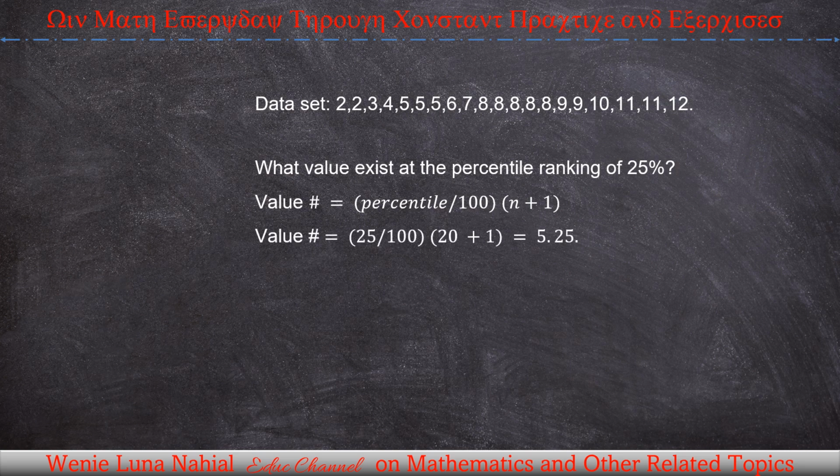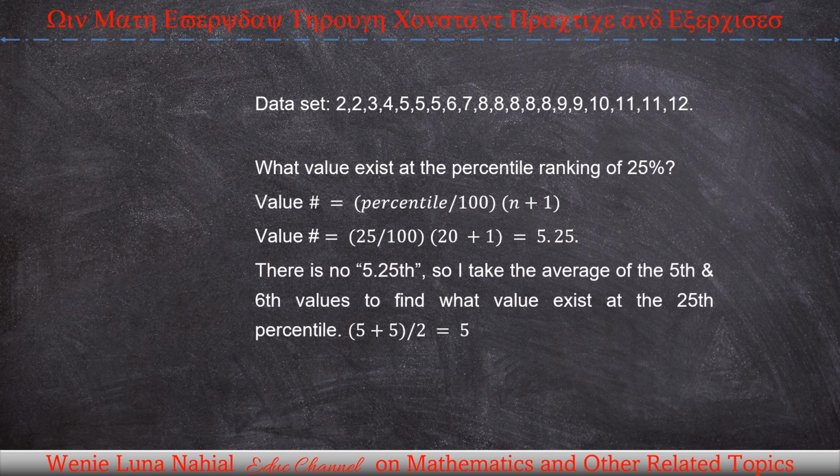So we have 25 over 100 times 20 plus 1. That is 5.25. There is no 5.25th value, so let's take the average of the fifth and the sixth values to find what value exists at the 25th percentile.